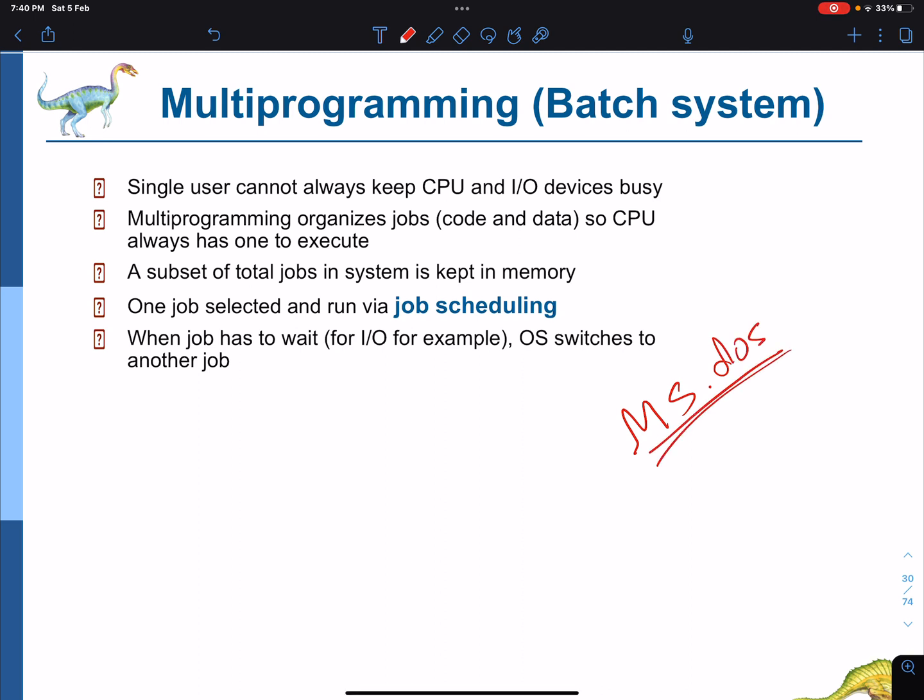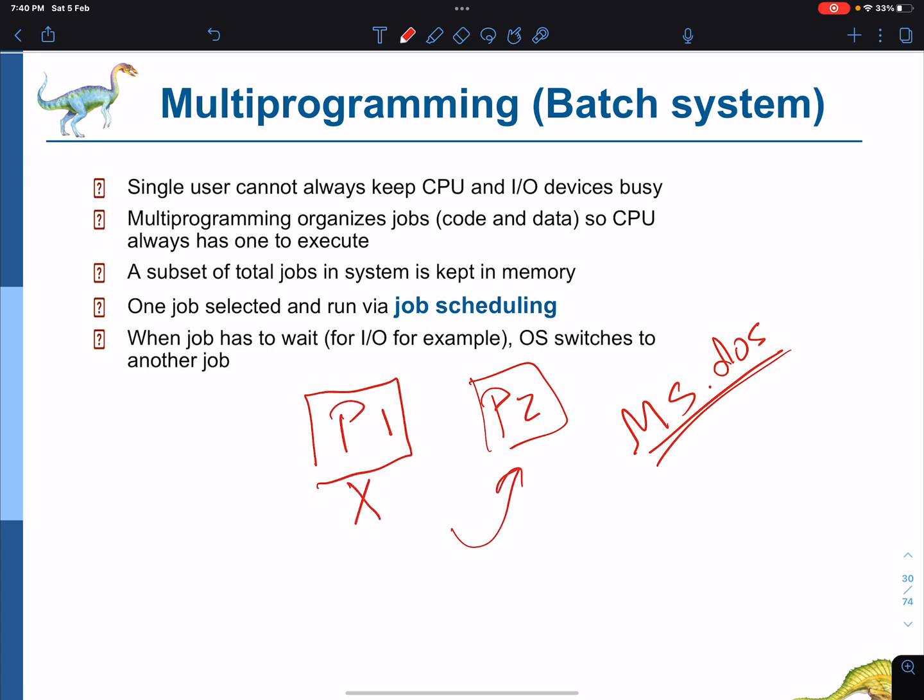They used to be single program operating systems. What does it mean? If you have program 1 and program 2, if you run program 1, you cannot run program 2 until you exit program 1. So you cannot really have more than one program running at the same exact time.